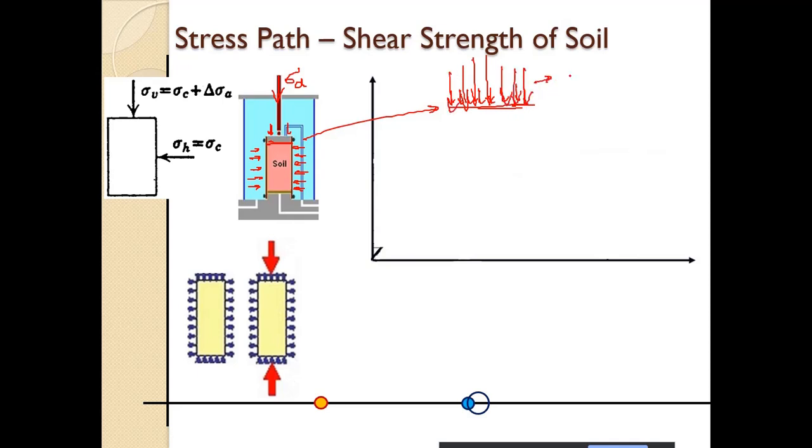So this is now sigma 1, which is equal to sigma d, the stress from the loading ram distributed across this plane by a rigid plate. Through the rod we have a rigid plate on the sample. So this stress is distributed to the sample equally. And we have the sigma 3 as well on top of the plate. Alright, so sigma 1 is equal to sigma d plus sigma 3.